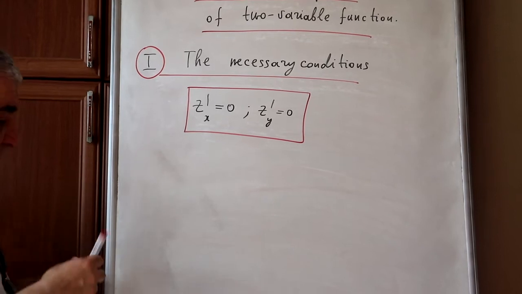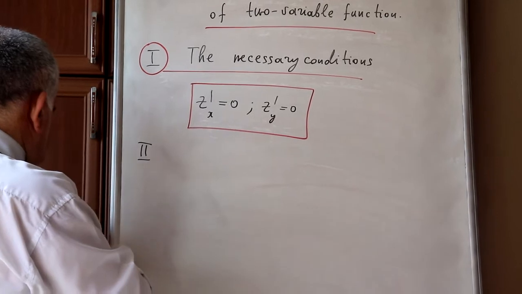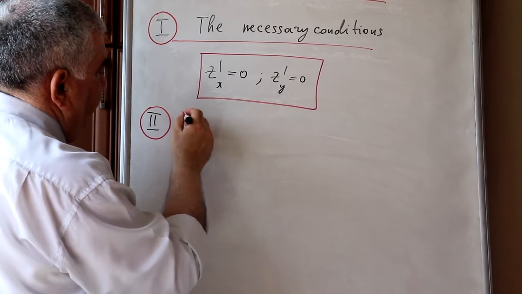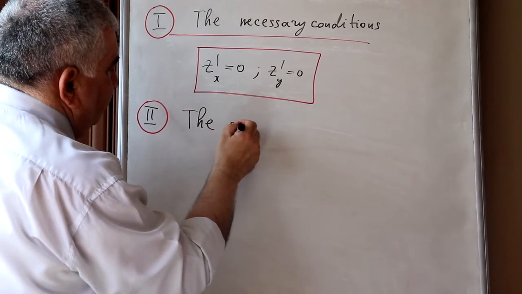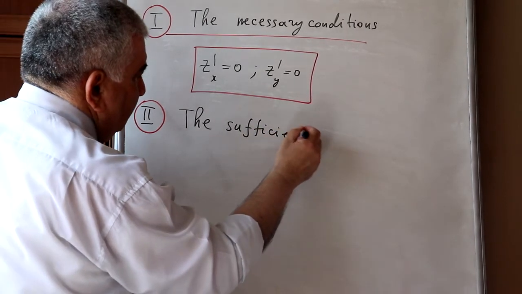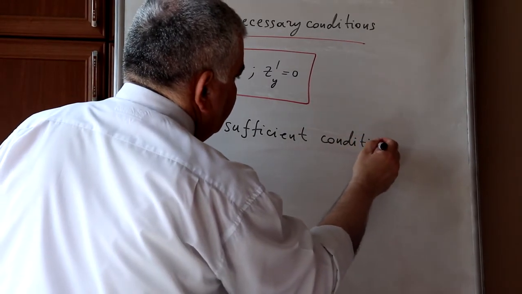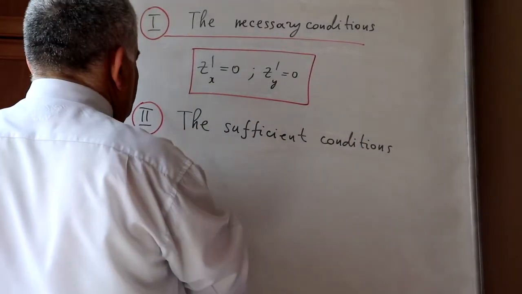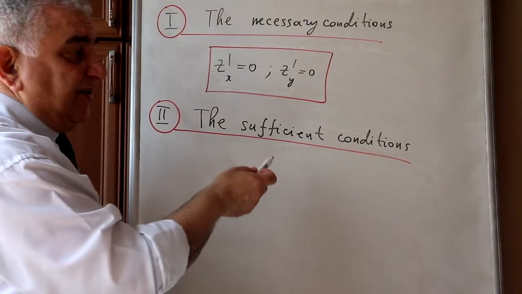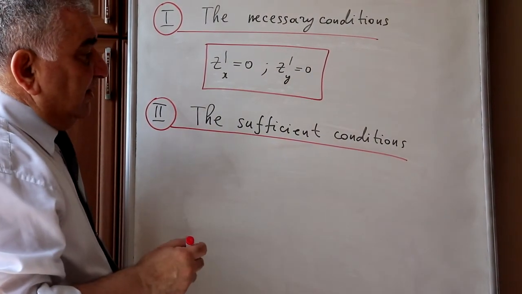Then write the sufficient conditions. The sufficient condition, in Azeri it is kafi şartlar, yeterli şartlar. In Russian, достаточные условия.